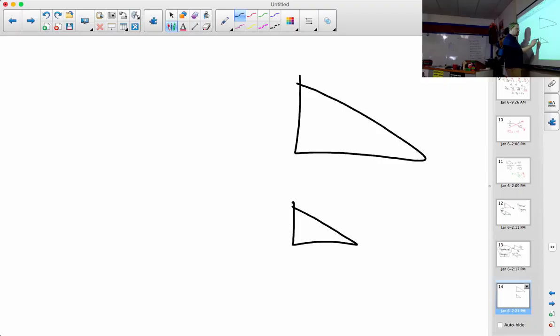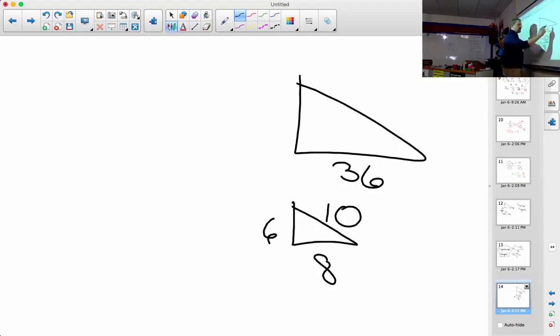Let's go 6, 8, 10 again. But now I'm going to tell you that this triangle, this one here, is 36. That's all I'm going to give you. Well, can you figure out the other two sides? Can you figure out this side and this side using this information? I'm sorry, this is 32. I want to make it 32.